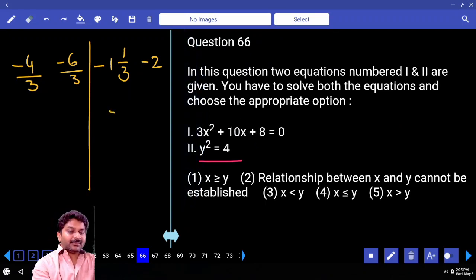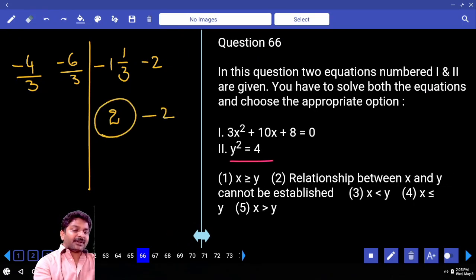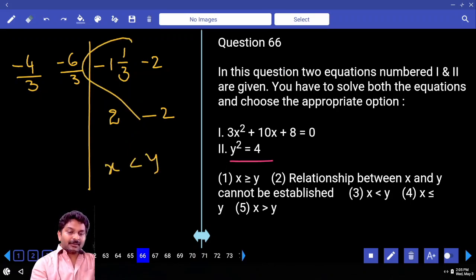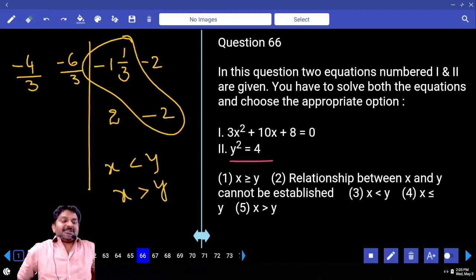Then y is equal to plus or minus 2. If y is positive, x values both are negative. That means x less than y condition. If you take x as minus 1 by 3 and y is equal to 2, x is greater than y. When you see less than condition and greater than condition, the answer is no relation.